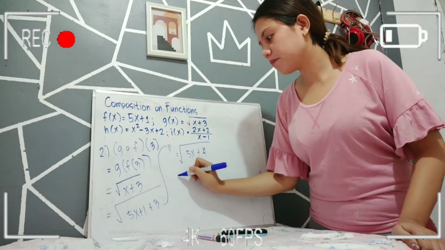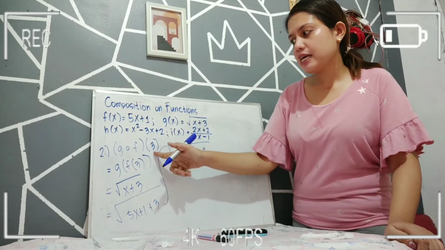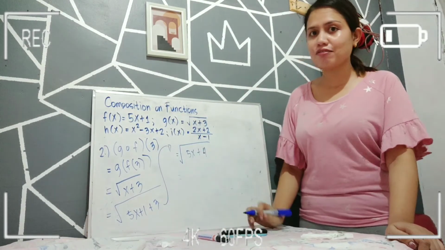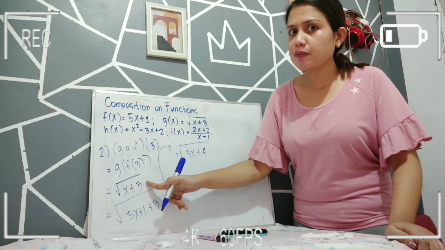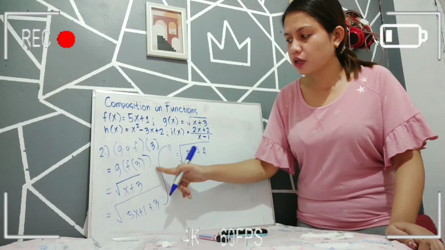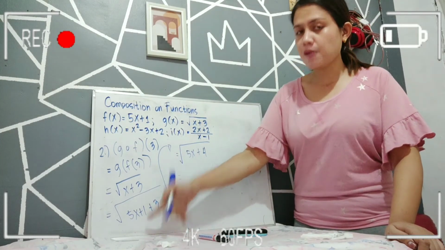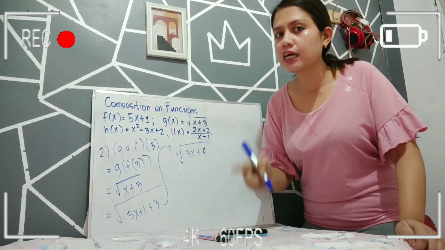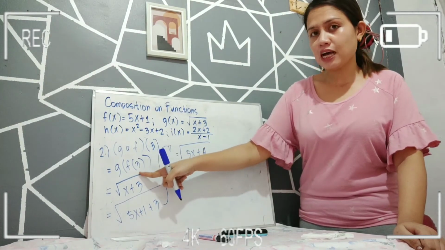Okay, next step. Unlike to our previous example class, walay equivalent value ang x. Here, naa na tay value sa x, which is 3. Starting from the g of x, and then you replace the second function, which is the 5x plus 1, or the f of x. After you replace the second function class, you can automatically replace na dayon the third value, which is the 3.